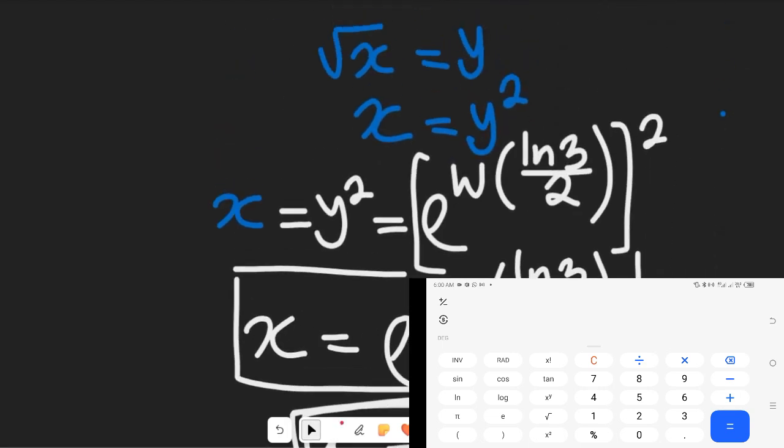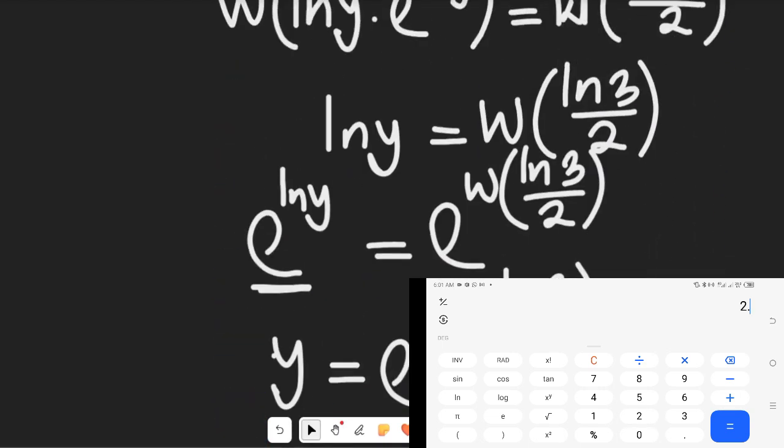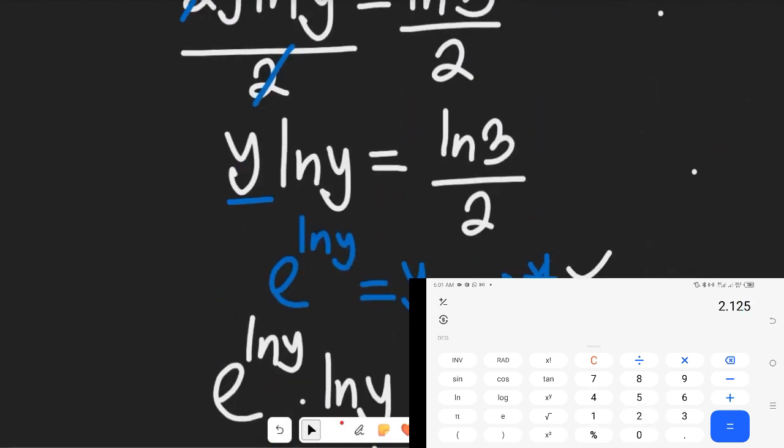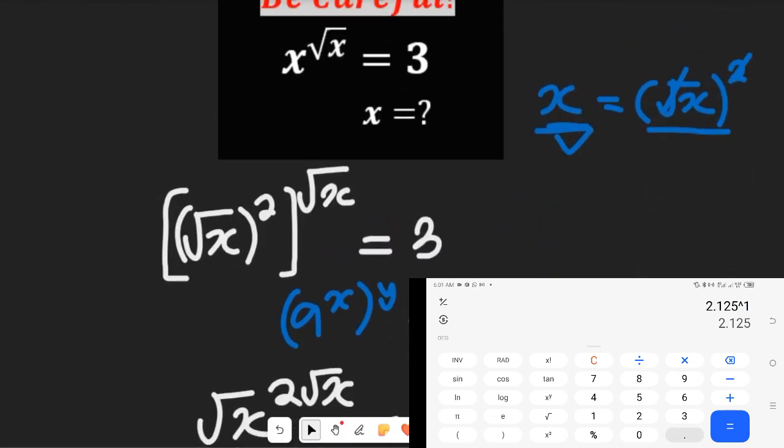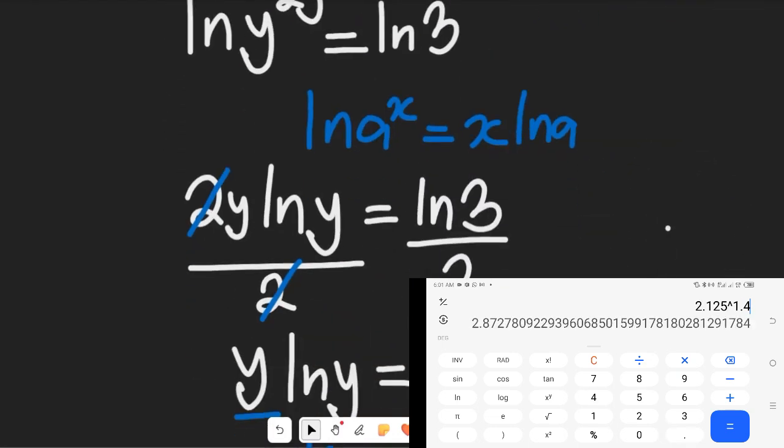Now, I want you to test if this solution is actually right. Take the value of x, substitute it into the original expression, and see if you will have 3.